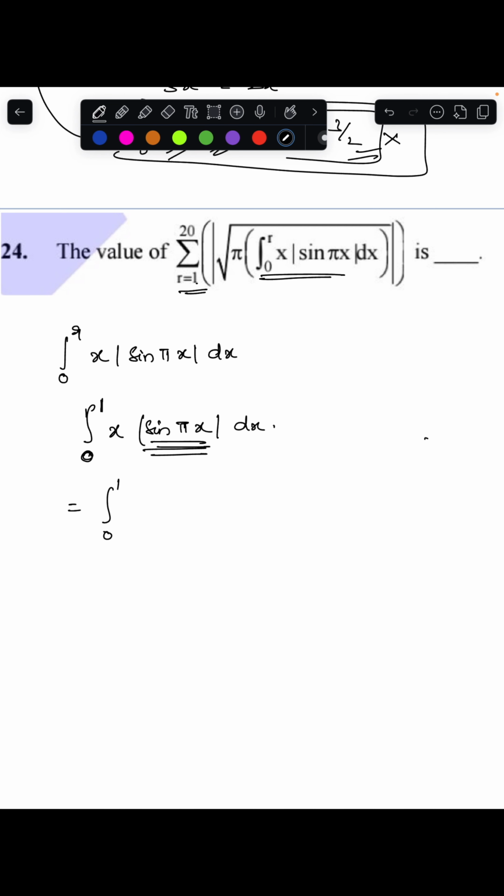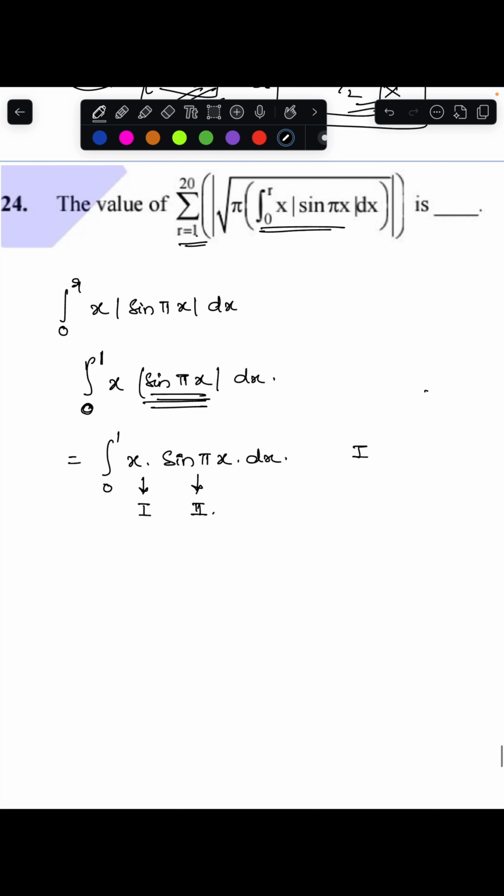So I can write this one as x into sine pi x dx. These are two dissimilar functions. I'm taking this as the first function and this as the second function. By using the ILATE rule, we can decide the first and second function, right?